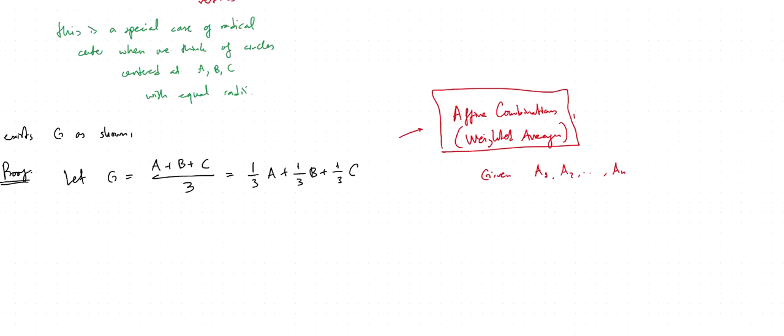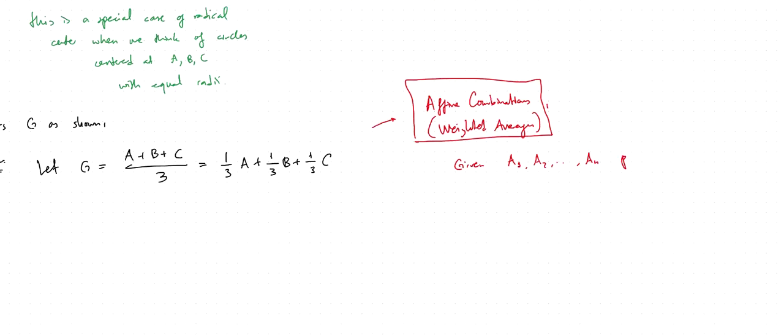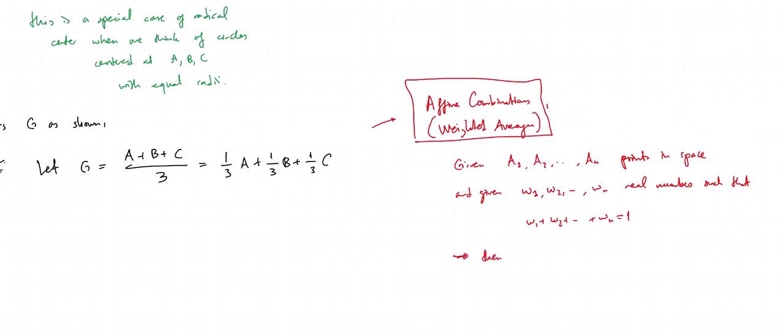The general notion is this: given points in space, in this case we are doing it in the plane, points a1, a2, ..., an, and given real numbers w1, w2, ..., wn such that their sum is 1, then you can have a combination like this, w1 units of a1, w2 units of a2, plus wn units of an.